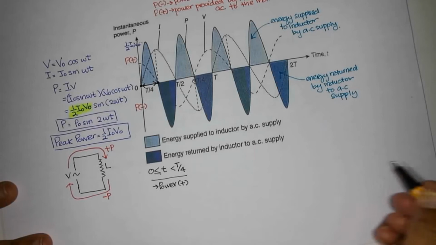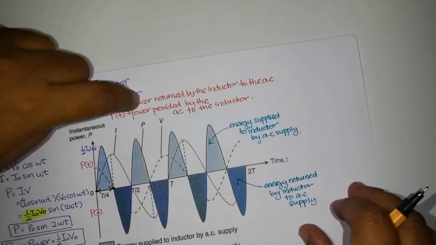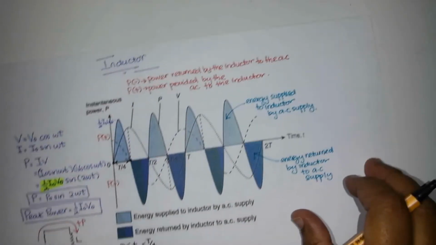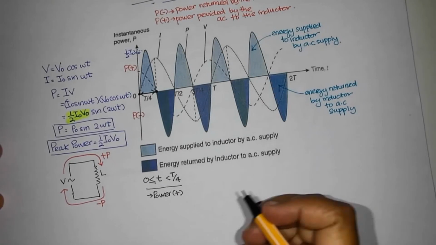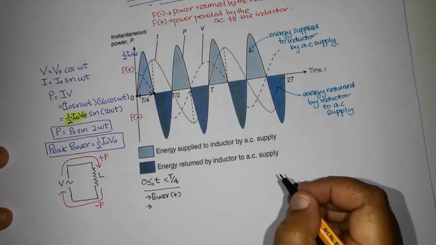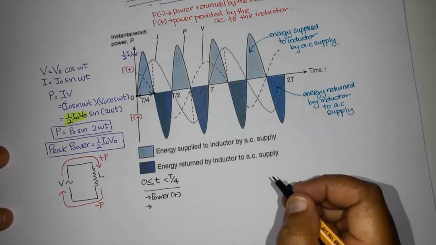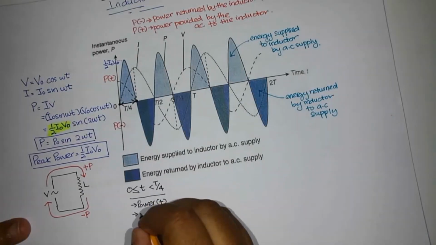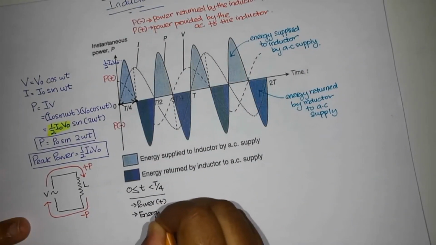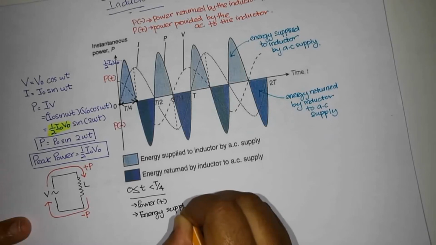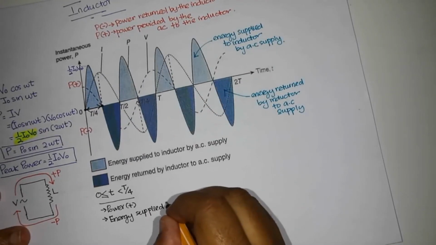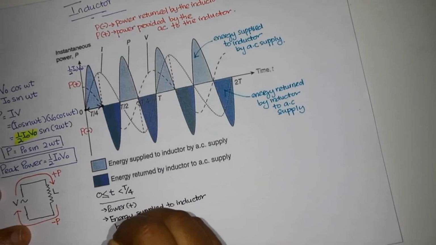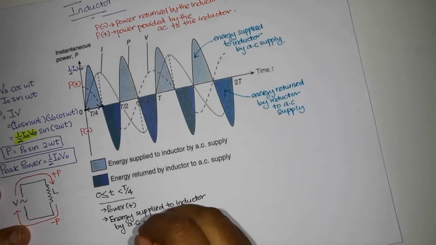We know positive power means power provided by the AC to the inductor. Then the next keyword we can say is energy is supplied to the inductor by the AC supply.